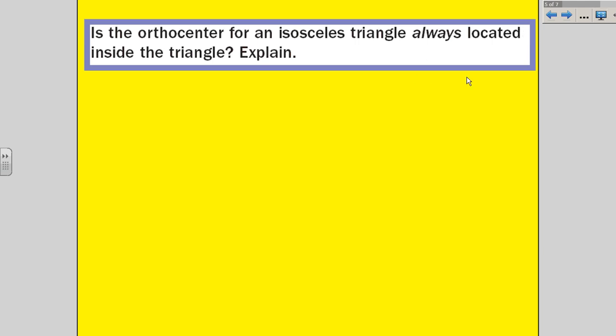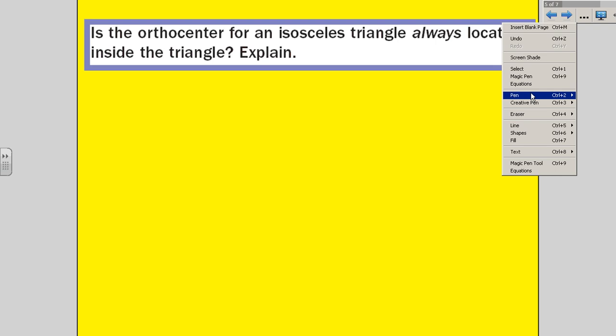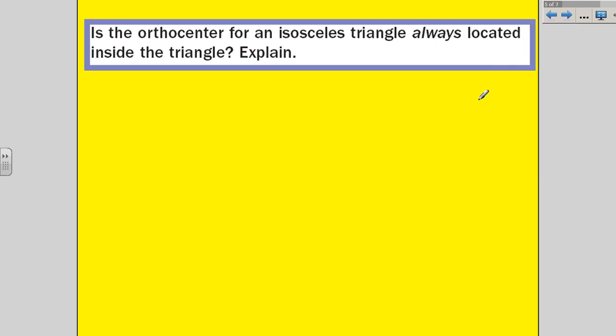So is an isosceles triangle's orthocenter always located inside the triangle? Well, we know that if it's a right triangle, then we can say that the orthocenter is going to be on the triangle.